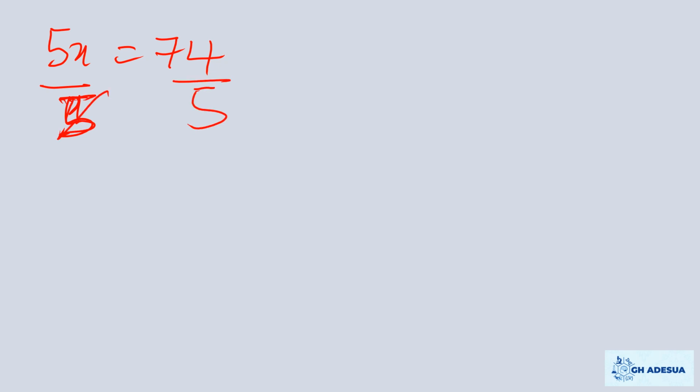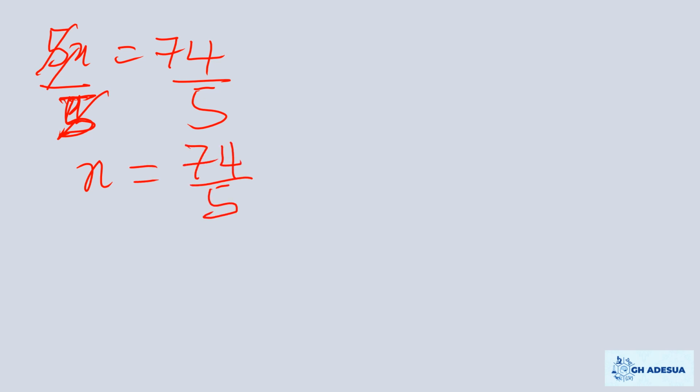So let's continue here. 5x is equal to 74. Now you want to find x. So you divide both sides by 5. 5 will cancel 5. You have x left. That is 74 over 5.